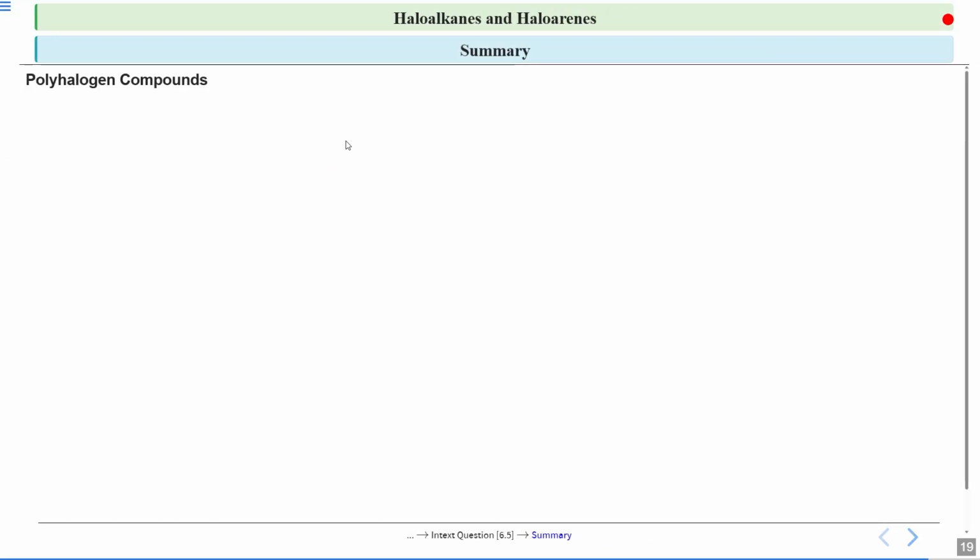Okay, let's talk about the summary. What we have covered today. Firstly, we have focused on the polyhalogen compounds. The carbon compounds containing more than one halogen atom are known as polyhalogen compounds.